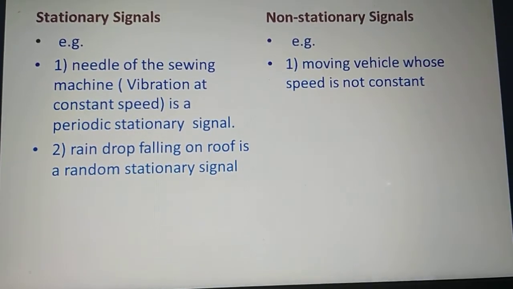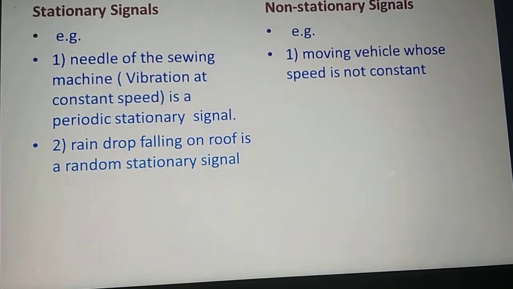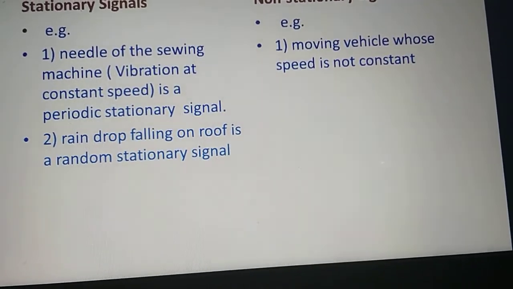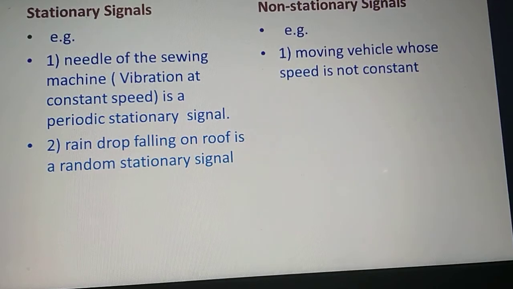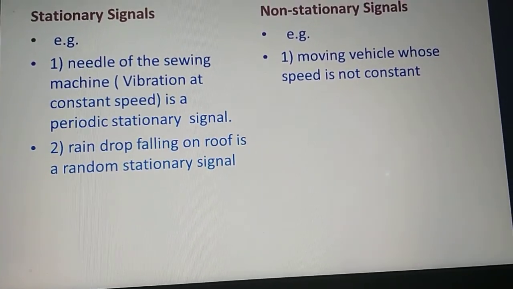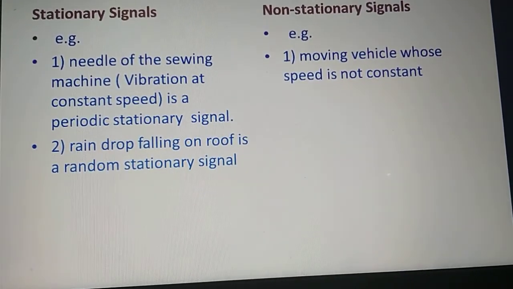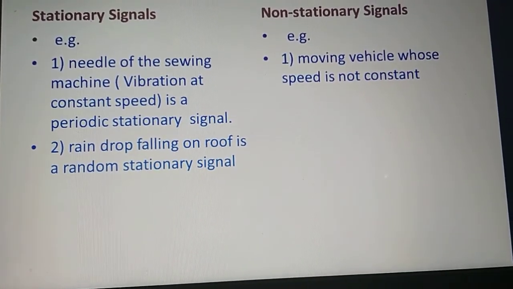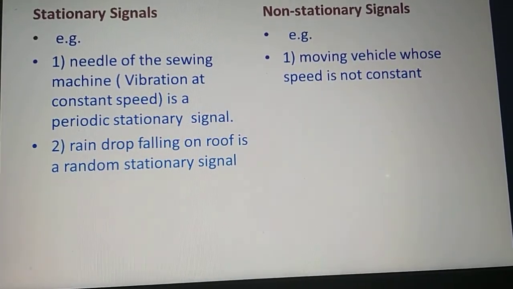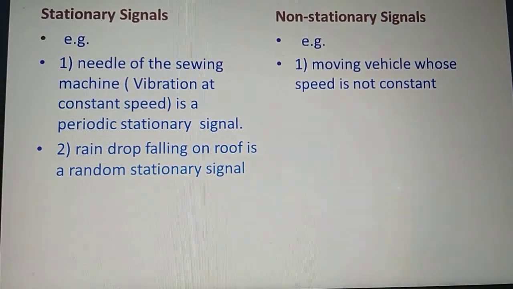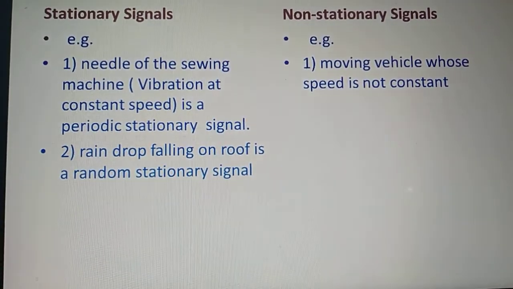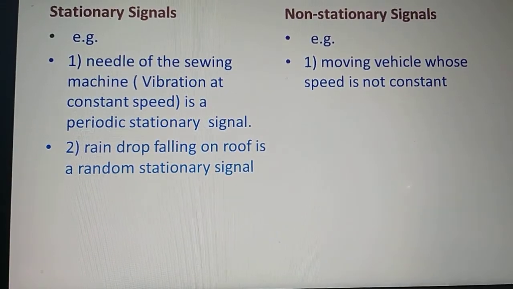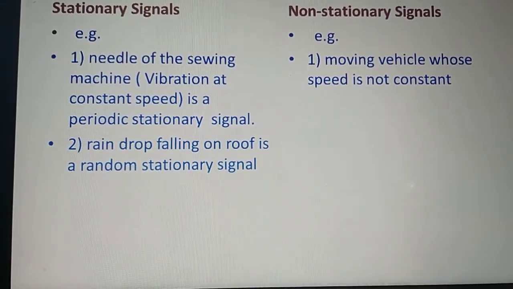The two examples that we discussed last time are the vibration of the needle of the sewing machine, and if you observe the vibrations of the needle of the sewing machine, you will come to know those vibrations are periodic, because the speed is constant and the needle repeats its motion after an equal interval of time. So the needle of a sewing machine is the best example of a periodic stationary signal.